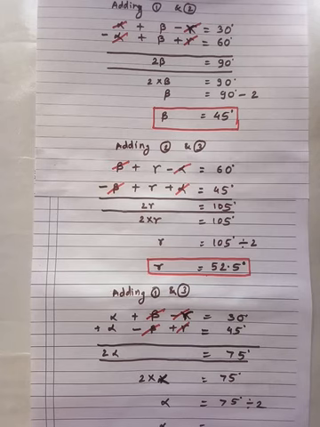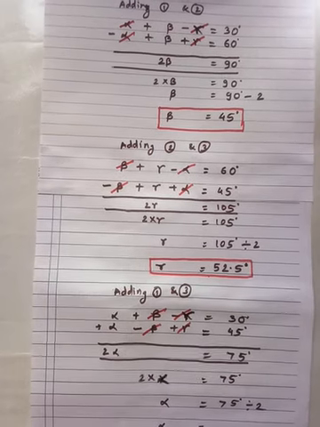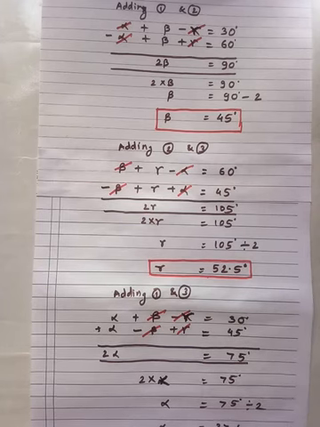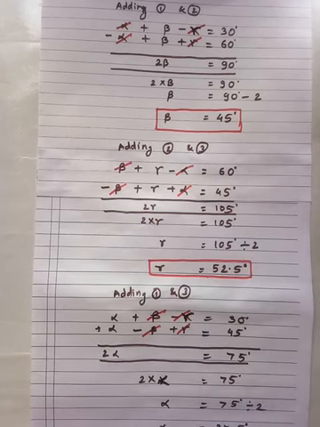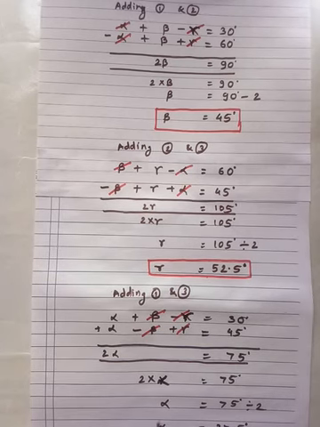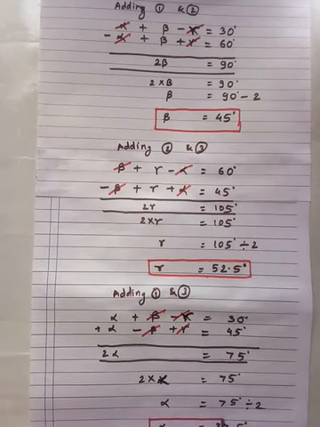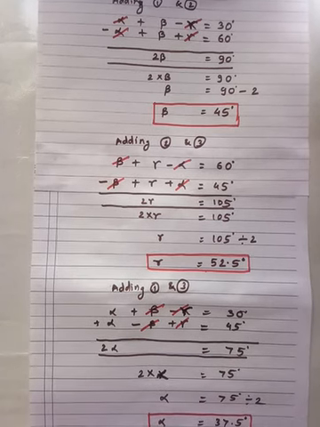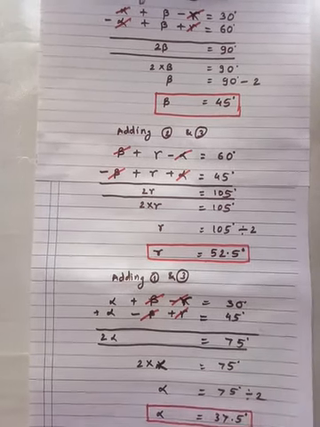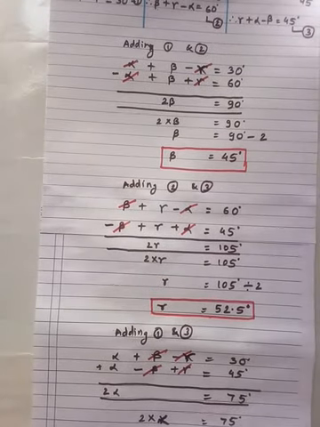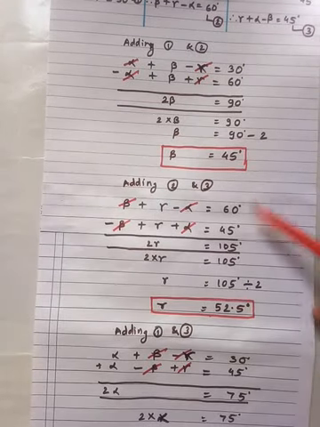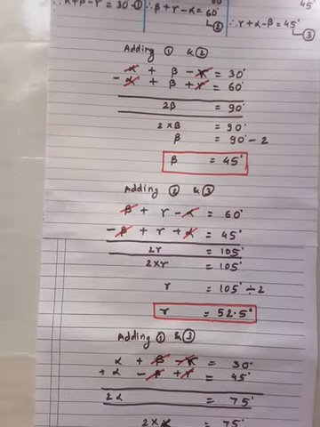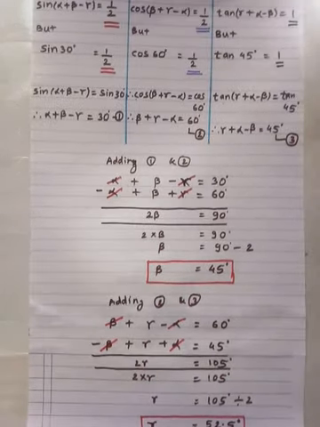Then alpha equals half of 75, which is 37.5 degrees, which is positive and less than 90, meaning an acute angle. Here the values of alpha, beta and gamma are positive and less than 90 degrees. So our answer is correct.